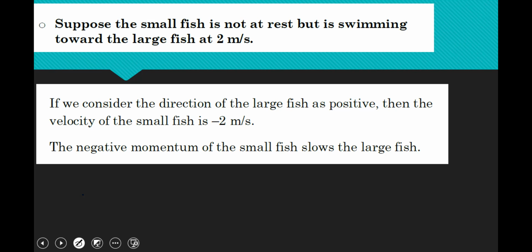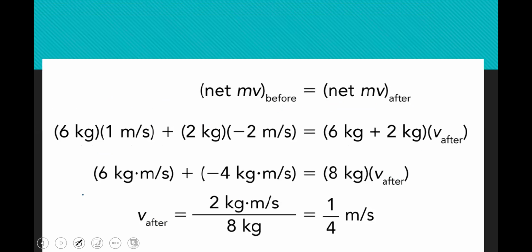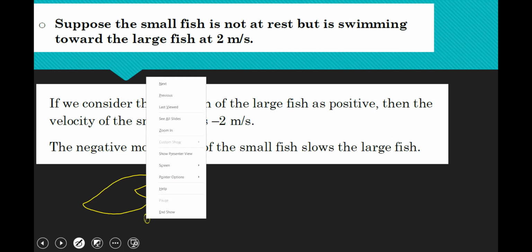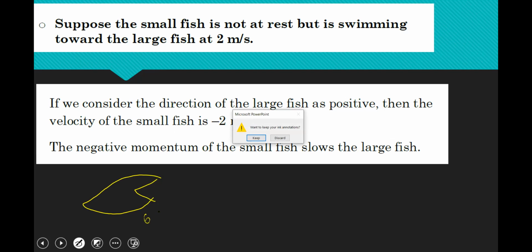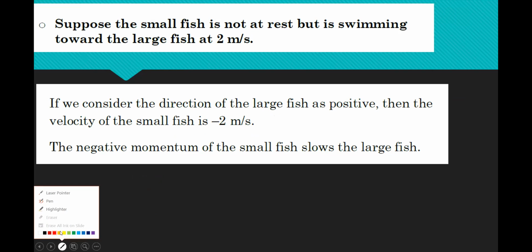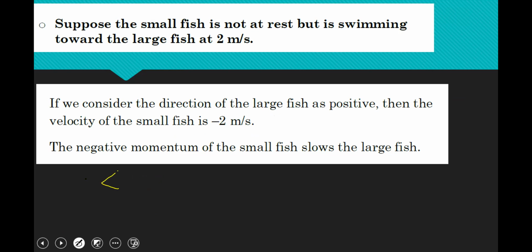So imagine now you have a big fish here with 6 kilograms, and it's moving with what velocity? 1. Its velocity is 1.